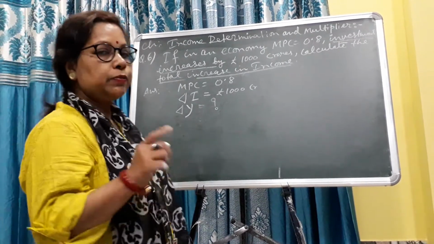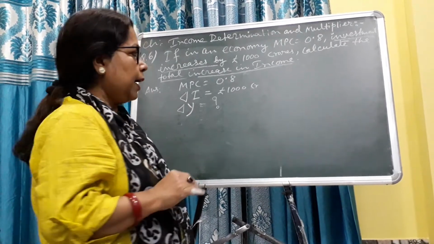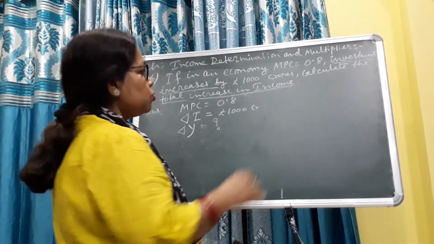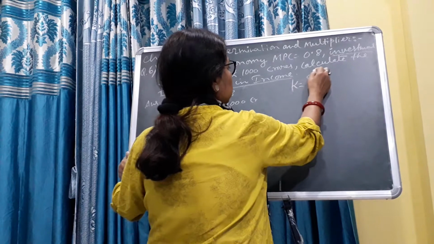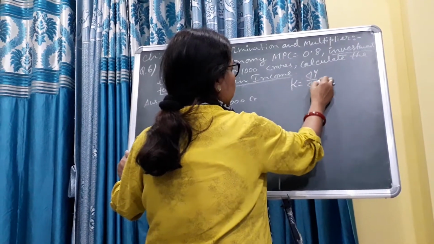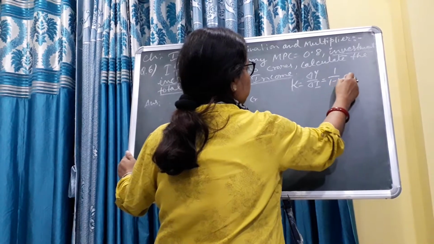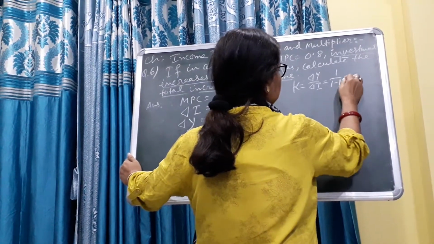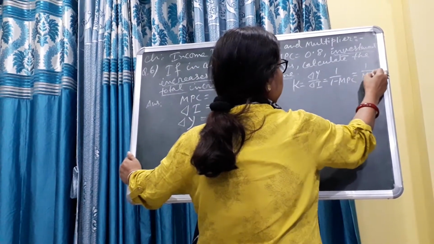So in the investment multiplier portion, I told you the formula, K is the multiplier. K equal delta Y by delta I equal 1 by 1 minus MPC or 1 by MPS.